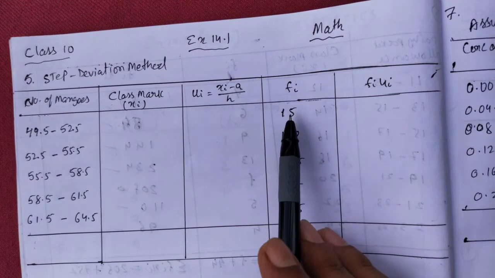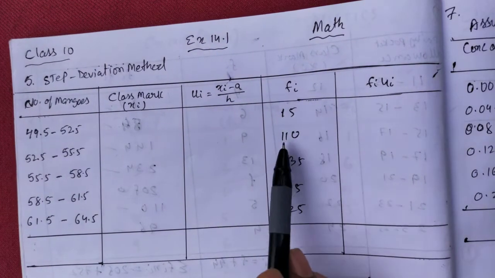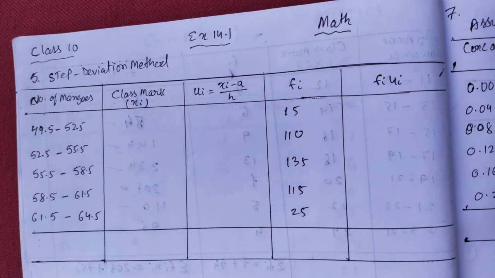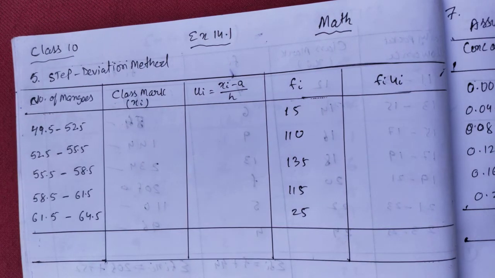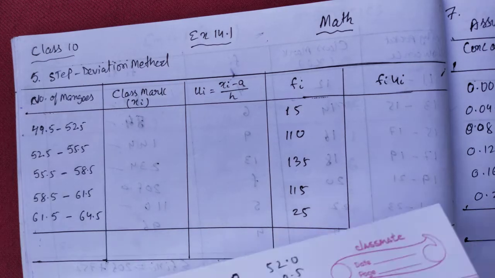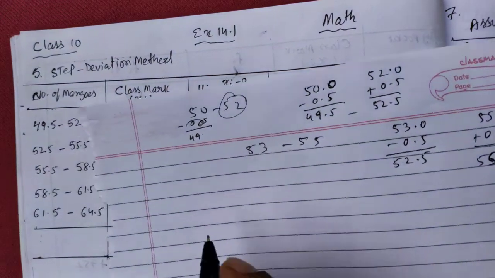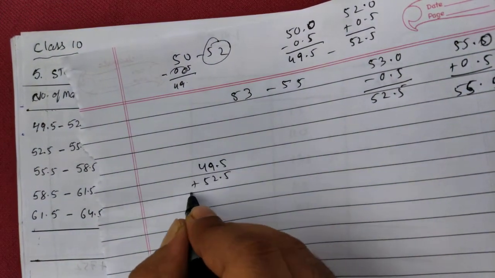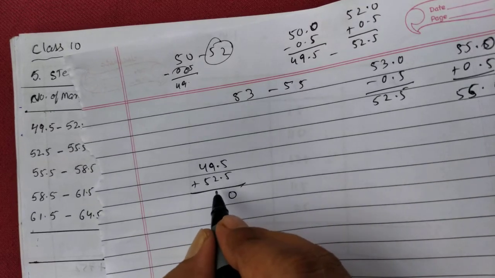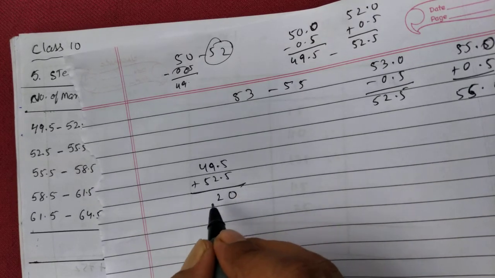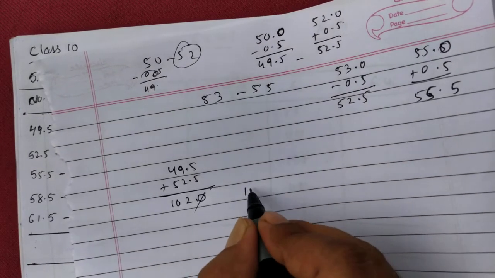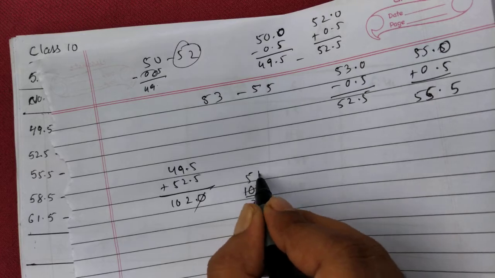The frequencies are already given: 15, 110, 135, 115, 25. Let's find the class mark now. Class mark means we add both limits and divide by two. So 49.5 plus 52.5 is 102.0, and divided by 2 is 51.